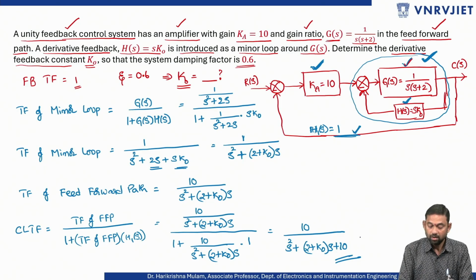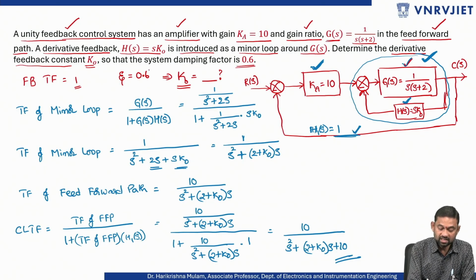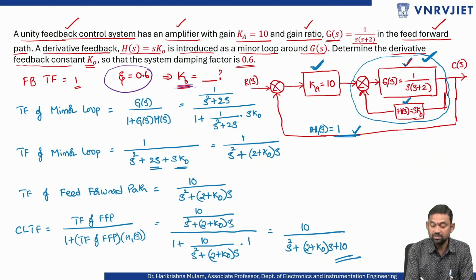Now, it is given that the damping factor is 0.6 and you need to find the corresponding K naught, which is called the derivative feedback constant. In order to find that, always compare the denominator term of the transfer function with the standard denominator term of a second order transfer function.